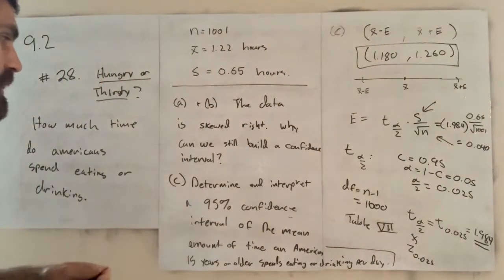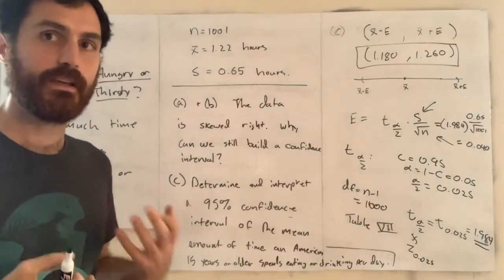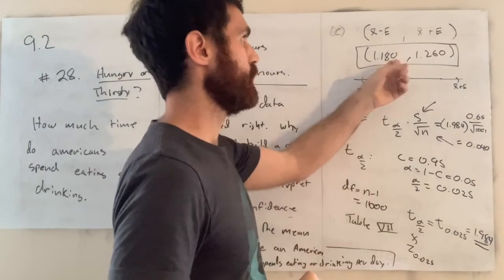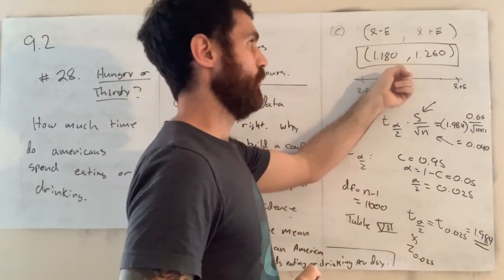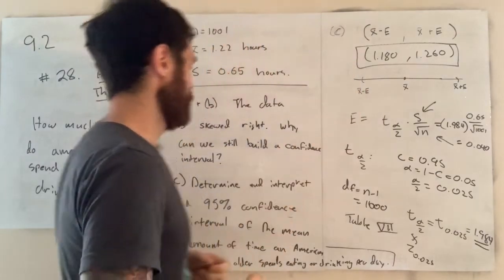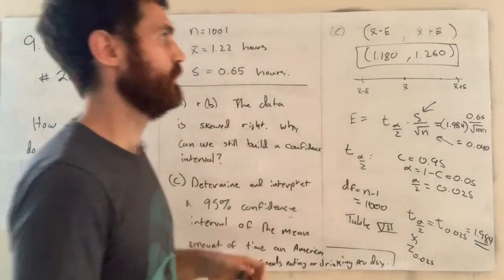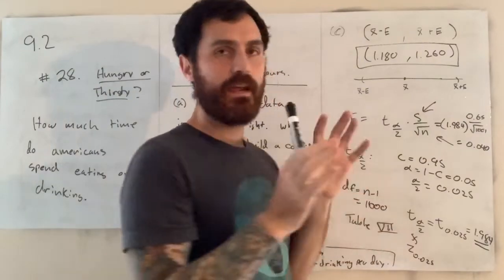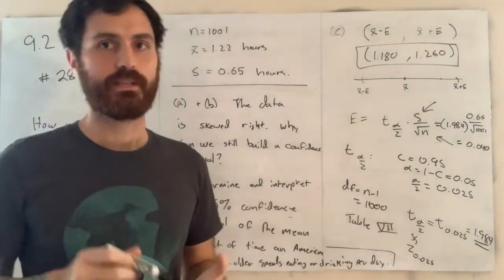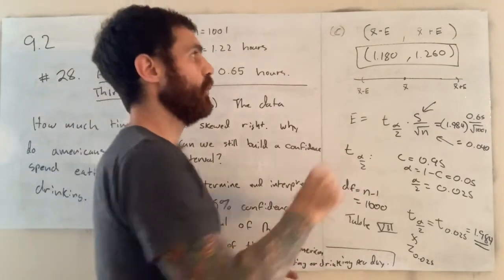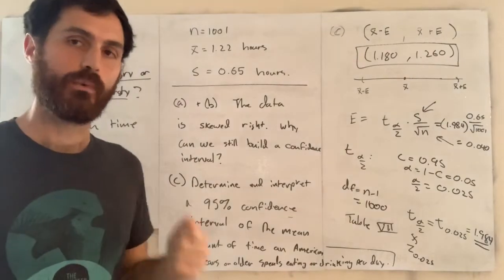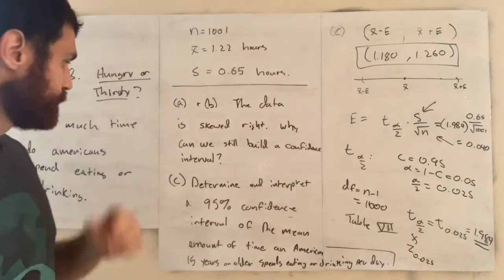And what we mean by 95% confidence, again, is that if we were to construct intervals using these same methods, using random choices of individuals, and they were all the same size, we would capture our parameter 95% of the time. Our actual mean time would be within that 95% of the time. So remember, that's what confidence means.